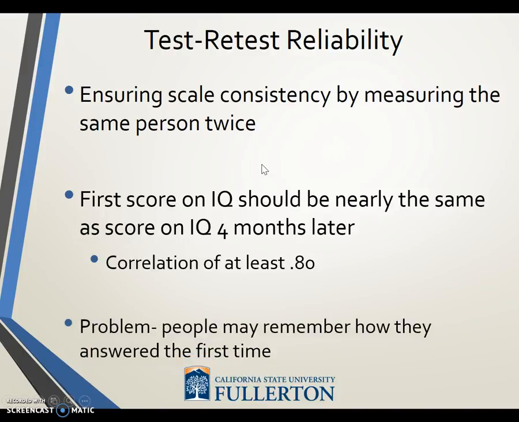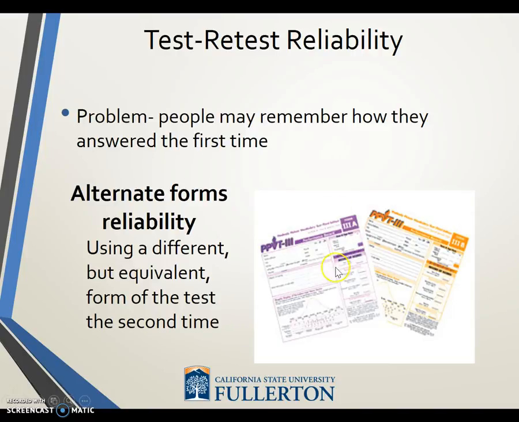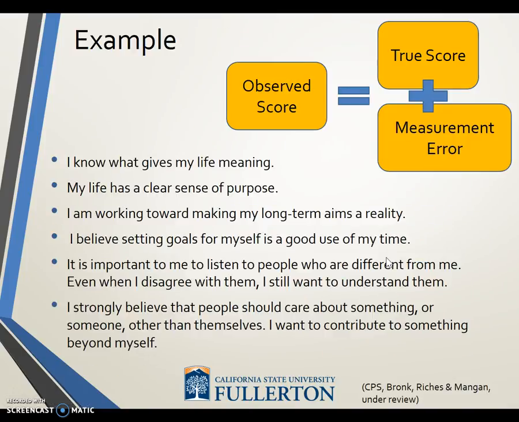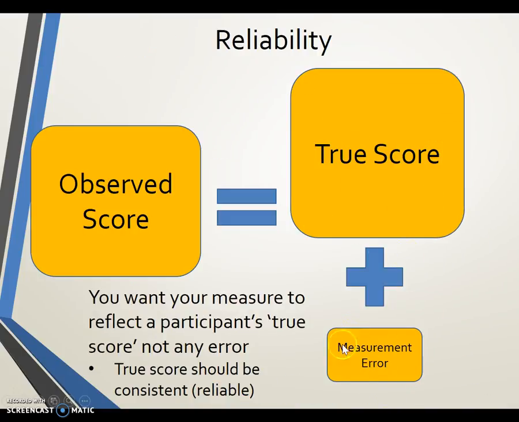When you're thinking about test-retest reliability, you give them one test and then you give them the same test again, or maybe you give them alternate forms of the same test. That is to make sure that your questions are getting very little error and more true score. So whatever you're observing, it's not changing. That's why it should be highly correlated with the previous test.